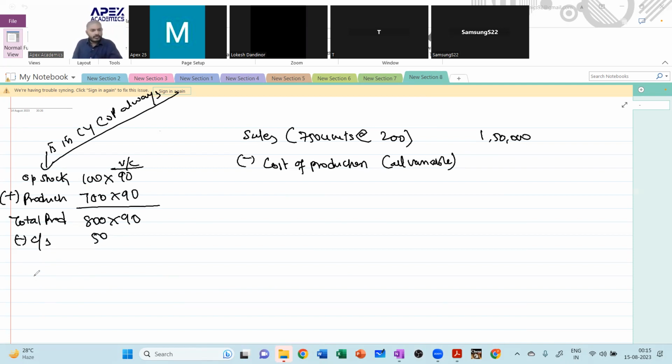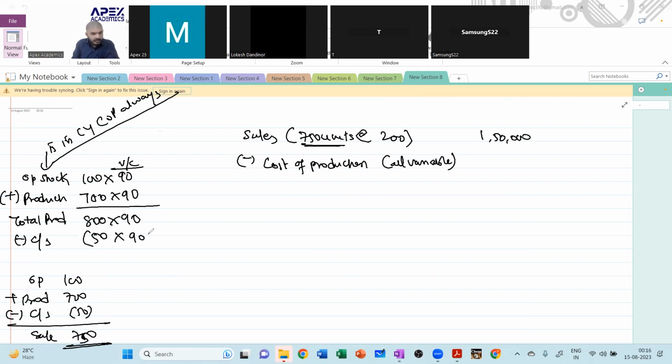Why is my closing stock 50? Opening stock plus production minus closing stock is equal to sale, and my sale is 750 units. This into 90 will be subtracted. So can I say that my total is nothing but 750 into 90?